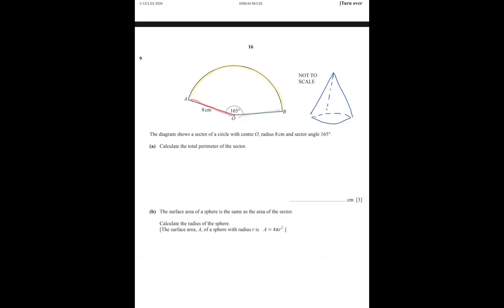Red portion will end up here. The green portion will end up here. And then the yellow portion will be my circumference of the base. If you want to really visualize this, my advice is to go and cut out a fan shape like that and then fold it into a cone. Then it will be pretty clear to see how the dimensions are related.